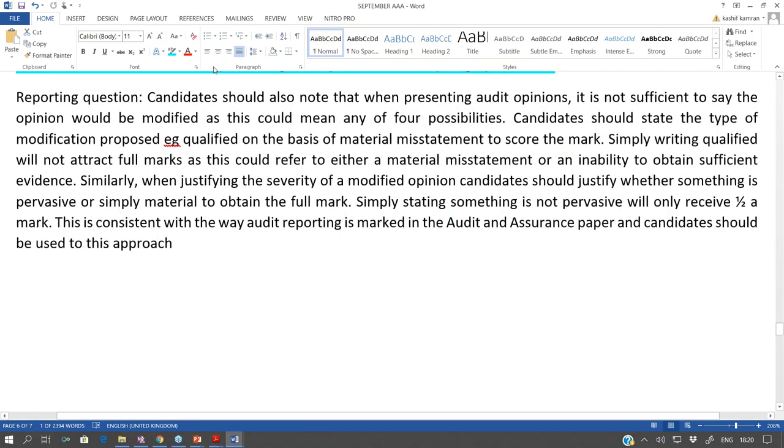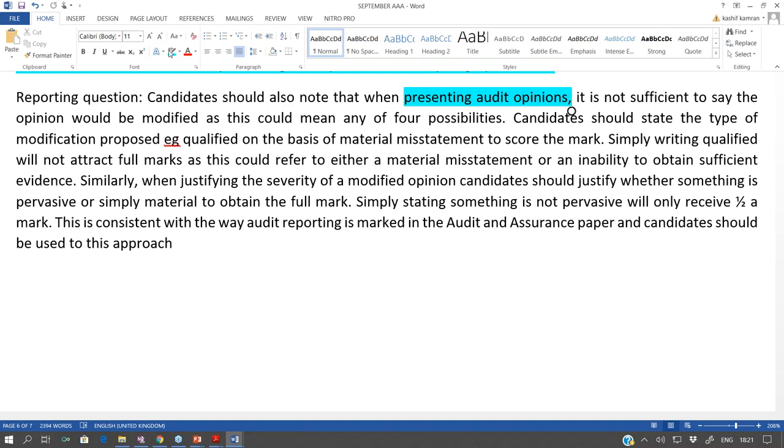I'm reading the last paragraph, right? Candidates should also note that when presenting an audit opinion, it is not sufficient to say the opinion must be modified, as this would mean any of four possibilities.